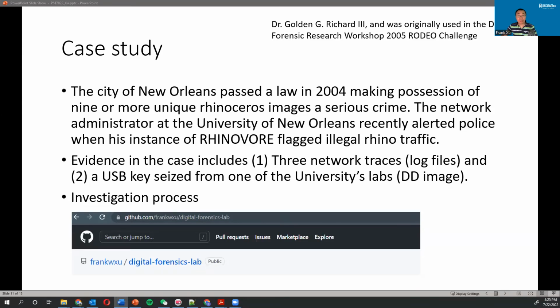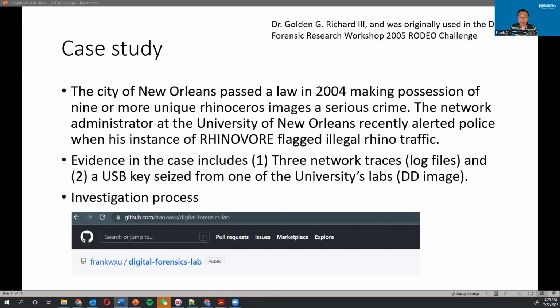Let's use DFKG to capture digital forensic intelligence of an illegal image possession case. The case study was originally used in the 2005 Digital Forensic Research Workshop Rodeo Challenge. Here is the background story.